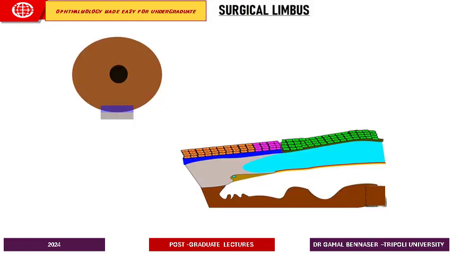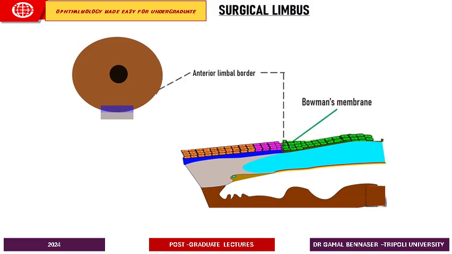Now we come to the important landmark, which is the surgical limbus. After we finish the histological limbus and the anatomical limbus, the surgical limbus is made up of 2 zones and 3 lines: the blue zone and the white zone, and 3 lines, the anterior limbal line, mid limbal line and posterior limbal line.